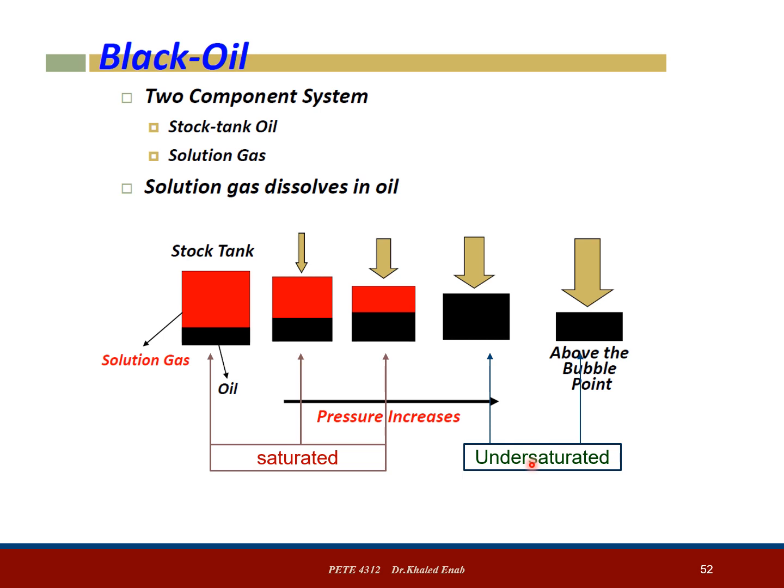What if you're above the bubble point? That means, in this case, if I added gas, it would be absorbed in the liquid. So the liquid is not 100% saturated, and it still has more space to absorb more gas, and in this case we call it undersaturated.